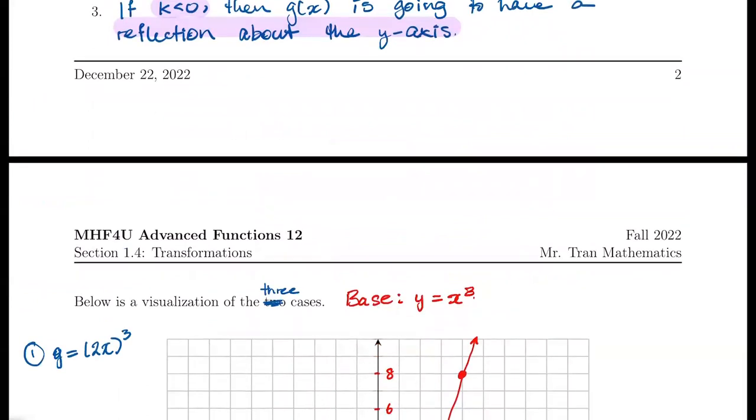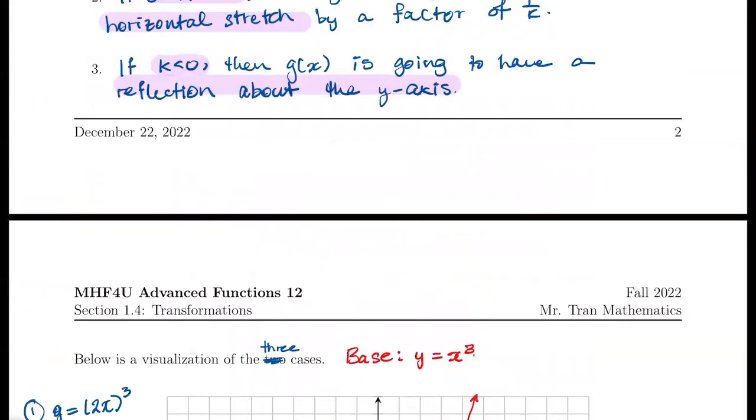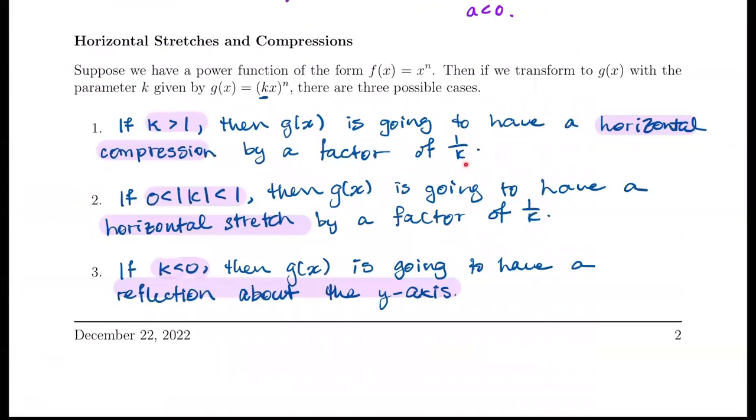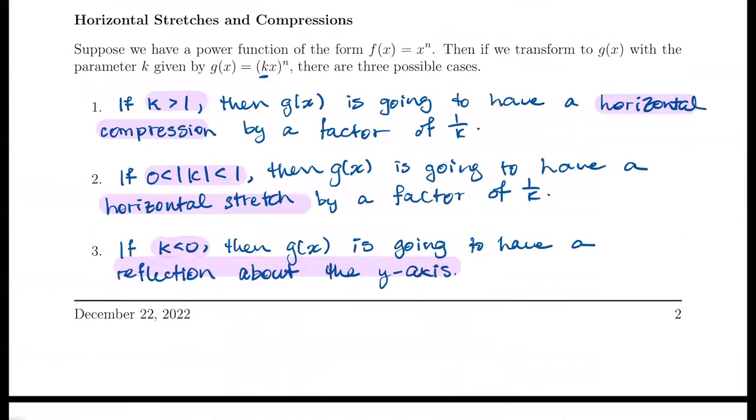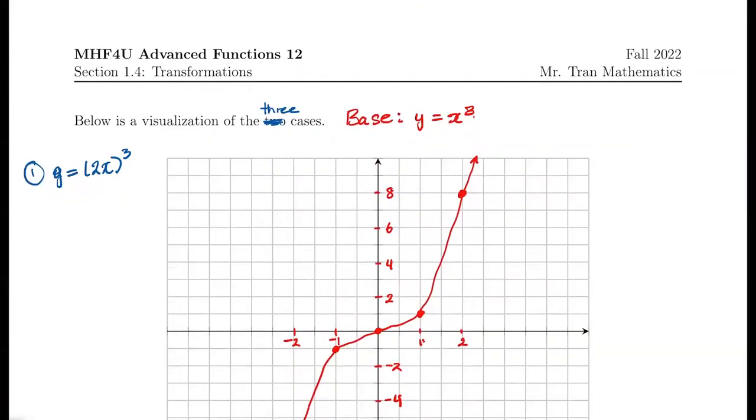Notice that we still say it's a 2 over here, but what we actually mean is a horizontal compression by a factor of 1 over k. You could also rewrite this as g of x equals 8x cubed, because 2 to the power 3, using our exponent rules, gives us 8x cubed, which is exactly the same as a vertical stretch by a factor of 8.